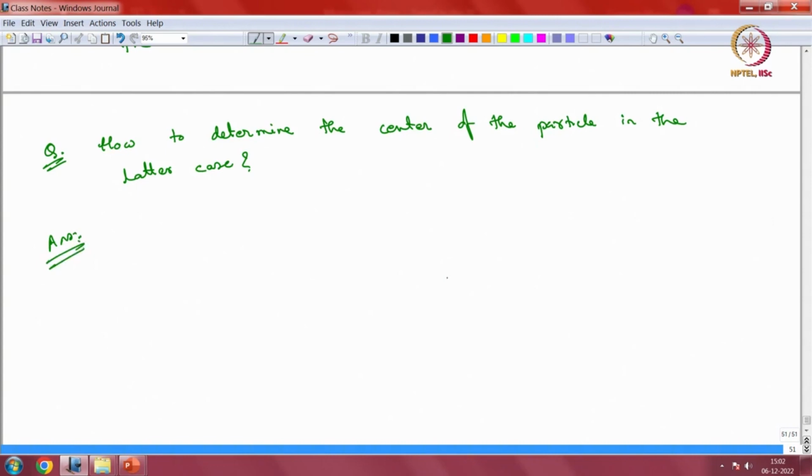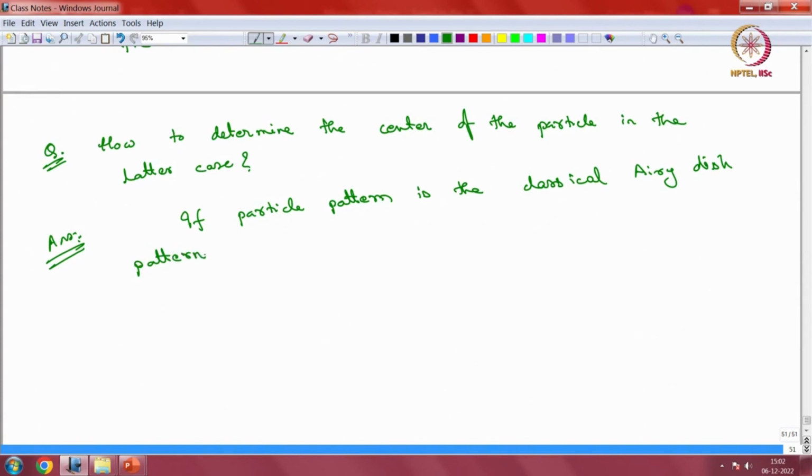So, what you can do is, if the pattern of the image is what is known as the classical Airy disk pattern, then a 2D Gaussian curve can be a good fit. Now, again I am not going into the detail of the Airy disk pattern, because that is something that you would encounter in optics.